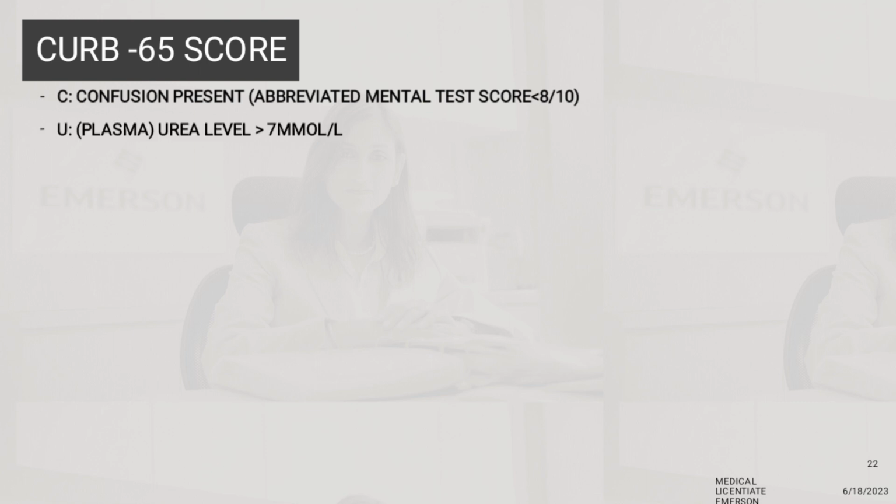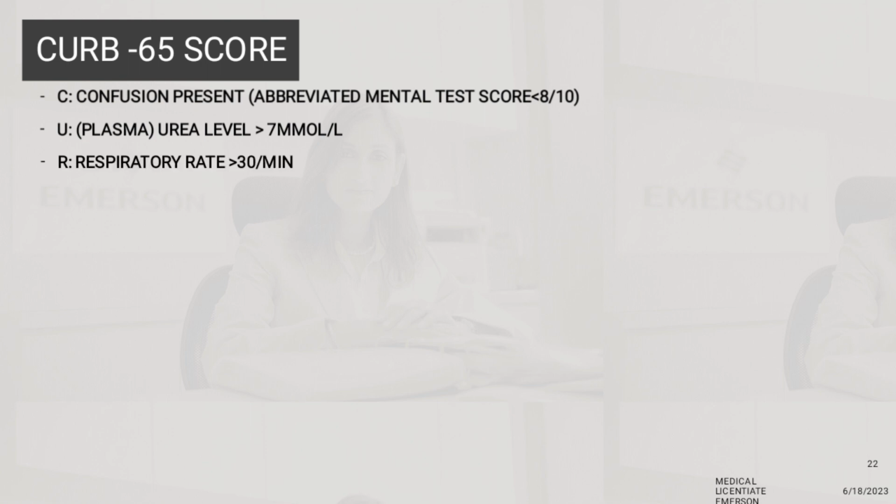Then you can also talk about the CURB score, the CURB-65 score. So C is for confusion, which is present, and you can grade it with abbreviated mental test score of less than 8. Then urea, where we have the plasma urea more than 7 millimoles per liter.